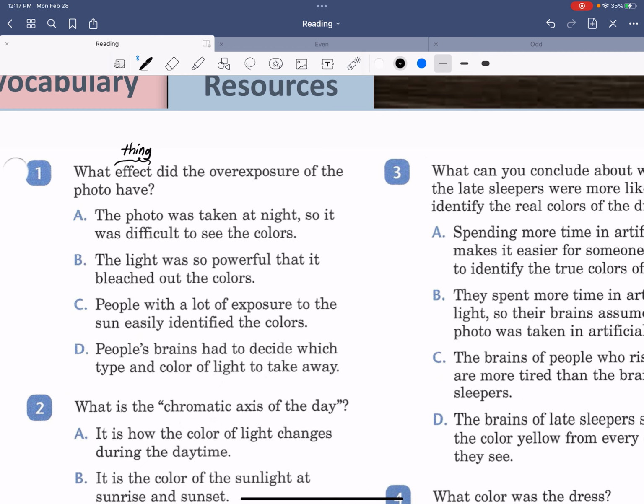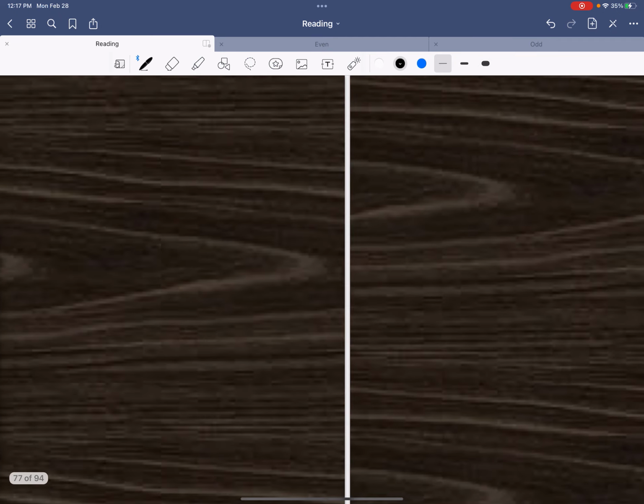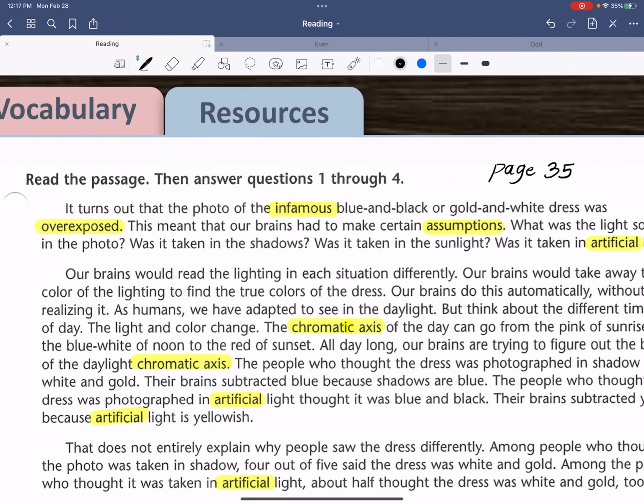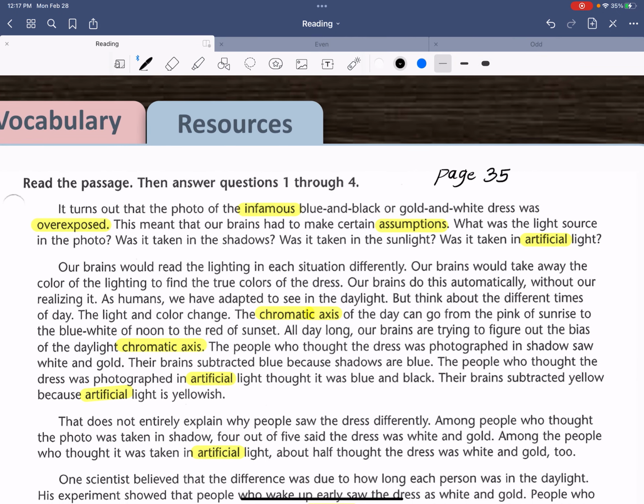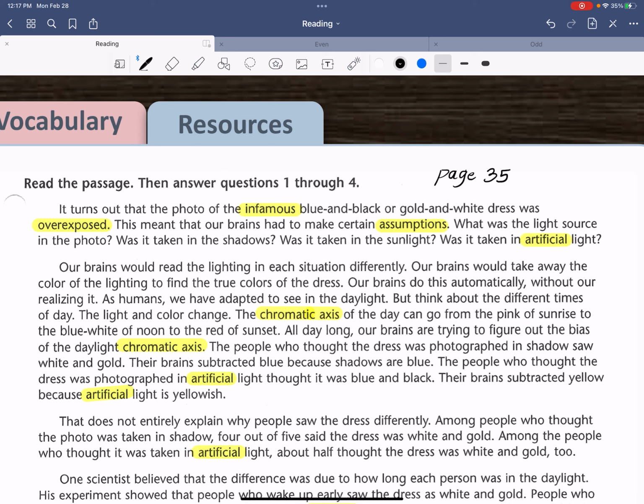So I think I know the answer, but before we decide, let's look back. Let's find that word overexposure, and it is right here. So what about overexposure? This meant that our brains had to make certain assumptions.